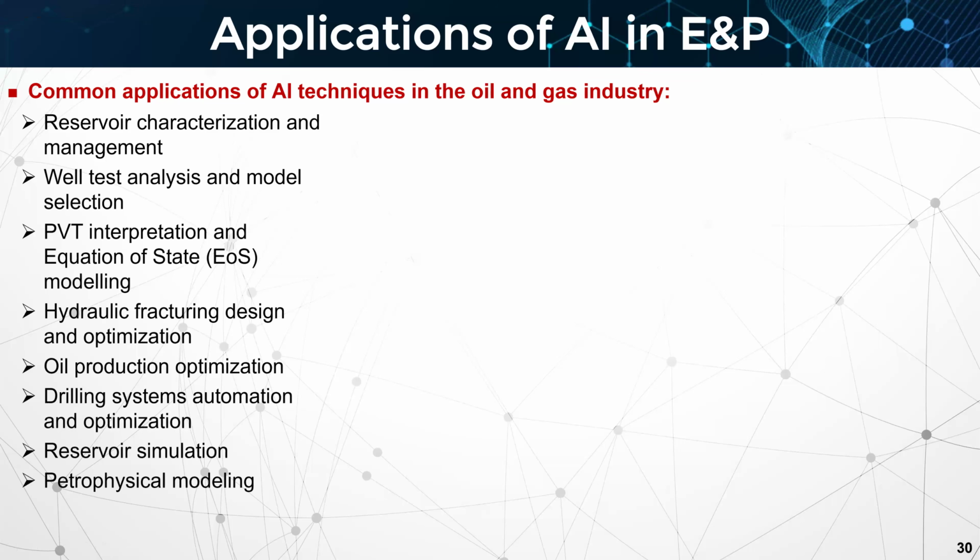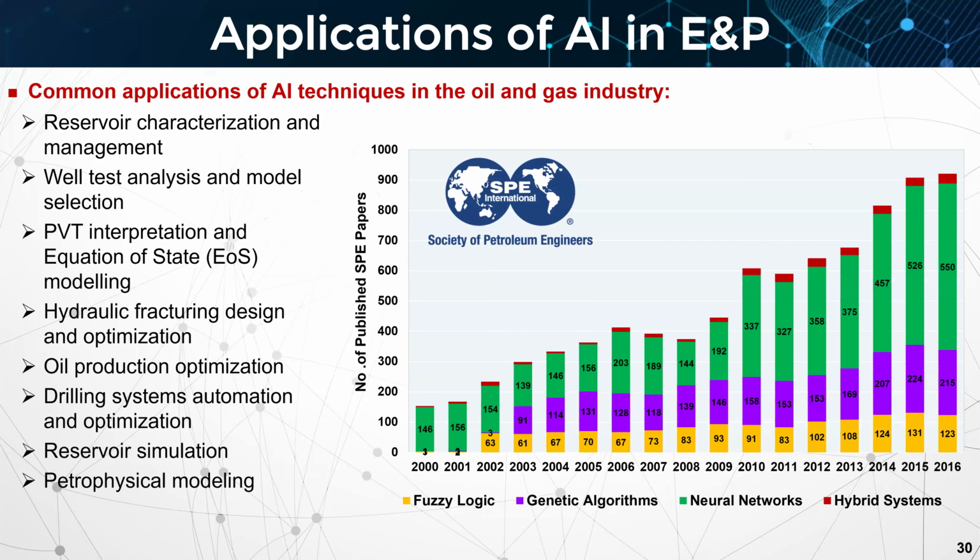equation of state modeling, hydraulic fracturing optimization, oil production data and artificial lift system optimization, reservoir simulation, physical modeling, and so on. This is as well as we survey what are the commonly used AI techniques in the oil and gas industry.